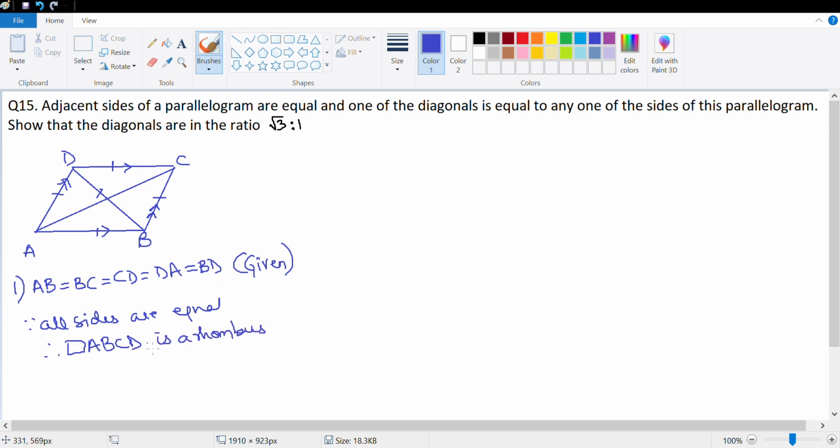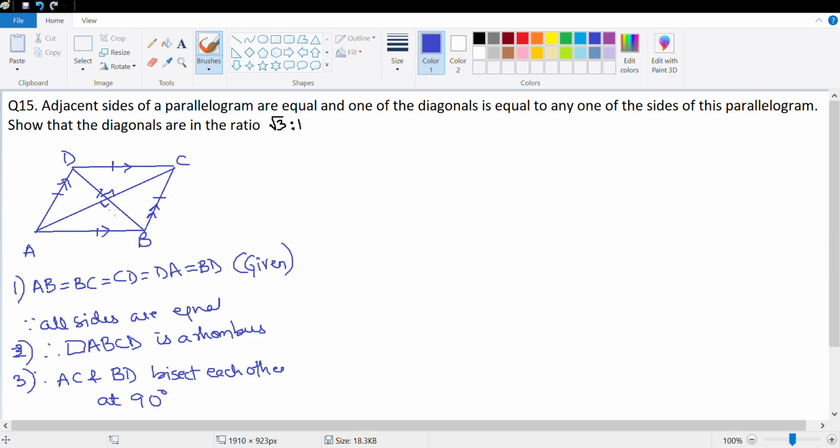Done. So then another property I know about rhombus is that the diagonals bisect at 90 degrees. Perfect. So therefore AC and BD bisect each other at 90 degrees. So this is my number 3, this is my number 2, this is my number 3.